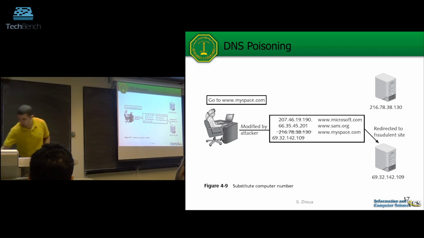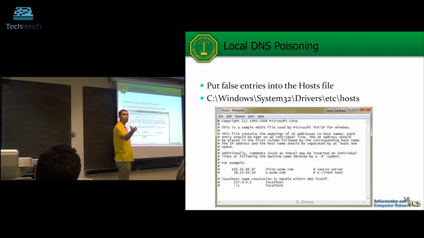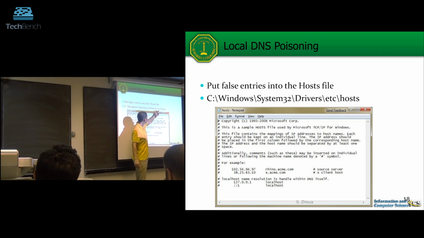But how can this be done? It can be done by locally changing the local DNS file in any OS. It's not the cache. It's a set of static mappings which is stored, for example, in Windows, in the hosts file.